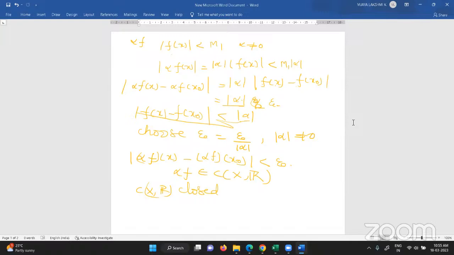In the last class, what I explained about T1 space, the separation axioms. What do you mean by a separation?